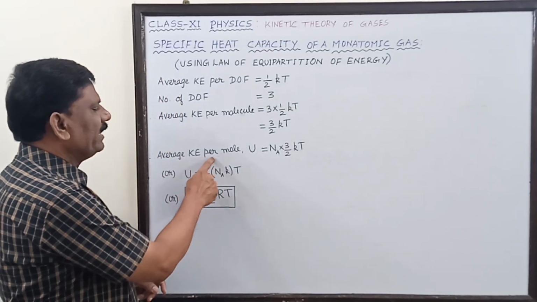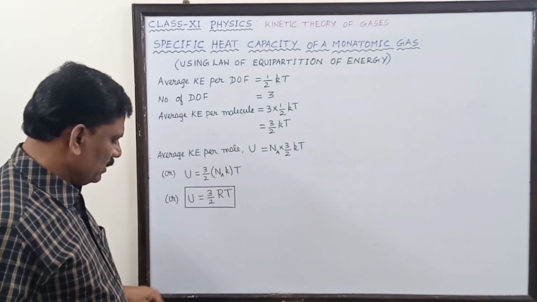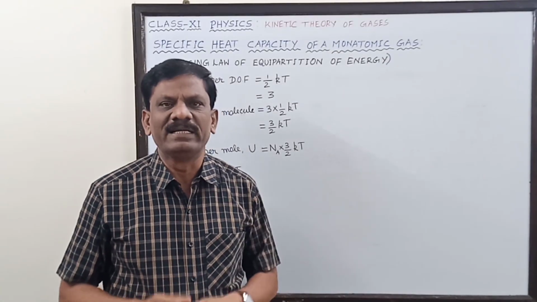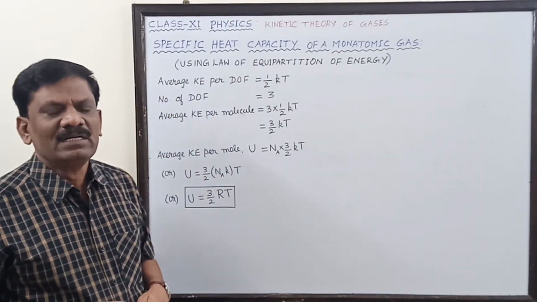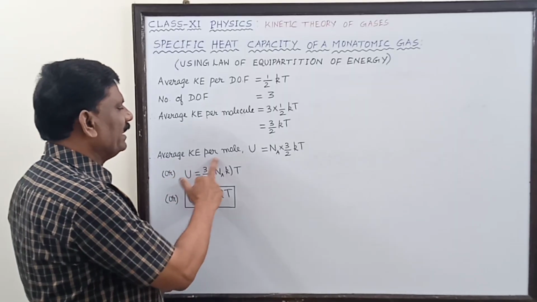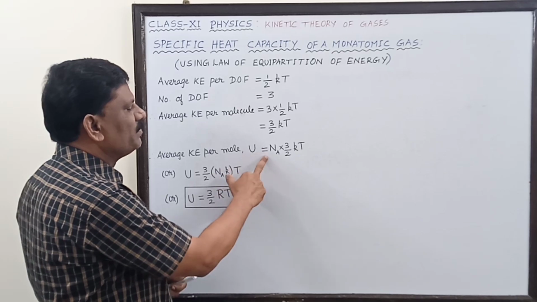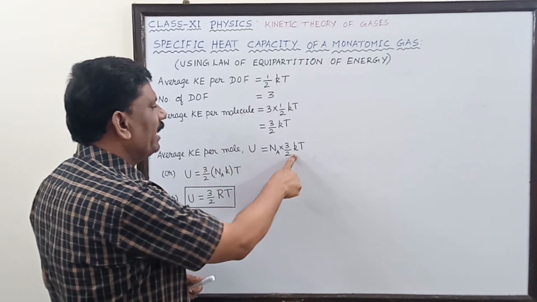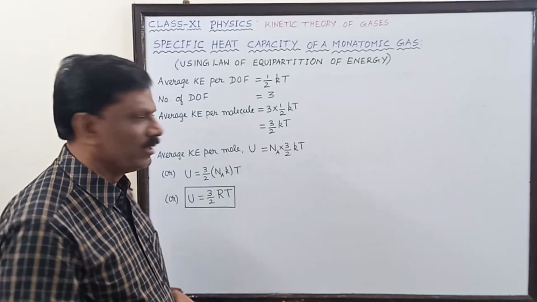Therefore, the average kinetic energy for 1 mole. What is the number of atoms in 1 mole of any gas, according to Avogadro's hypothesis? It is the Avogadro number Na. Therefore, the average kinetic energy per mole U must be equal to the Avogadro number multiplied by the average kinetic energy per molecule.